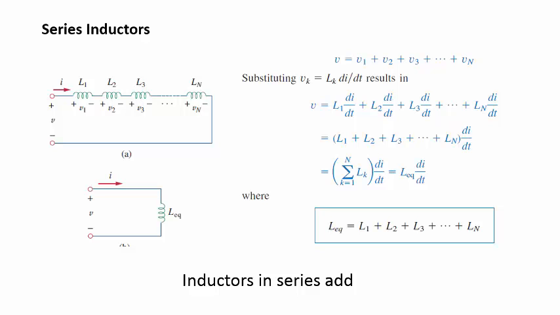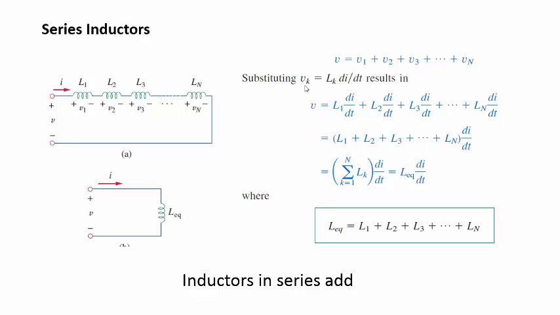Now we'll look at inductors in series and in parallel, just like we did for capacitors and for resistors. So here I have a series circuit with inductors in series. Kirchhoff's voltage law applies here like it does for any other passive circuit. So I write Kirchhoff's voltage law for the voltages in this loop, keeping in mind that there is one and only one current in the loop.